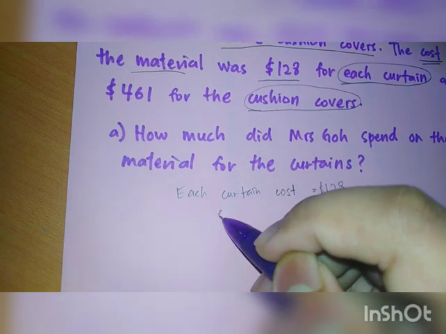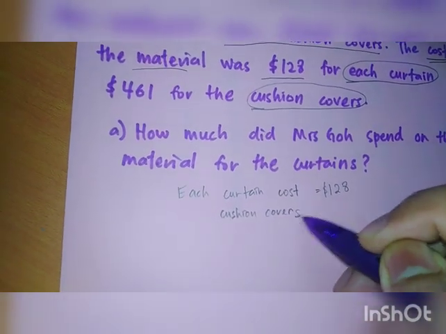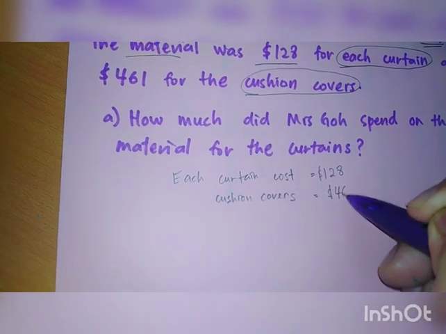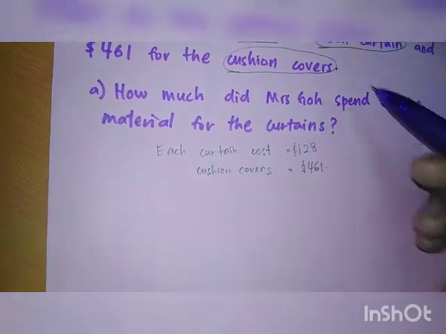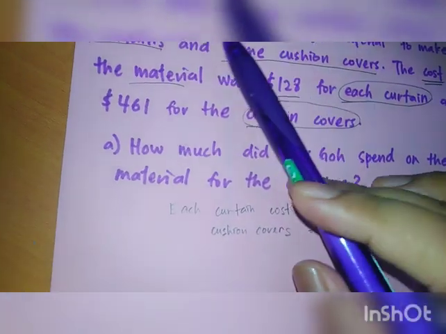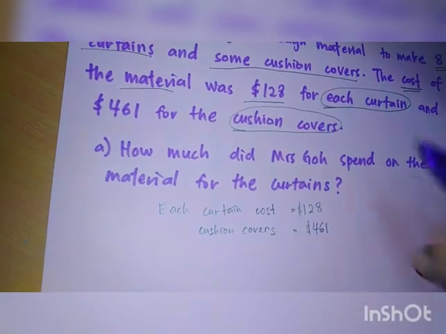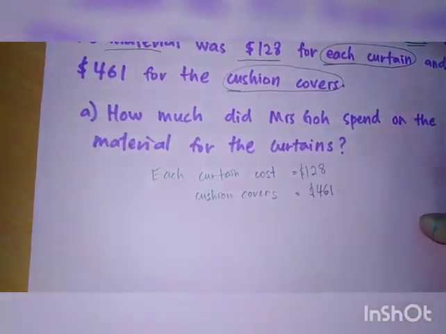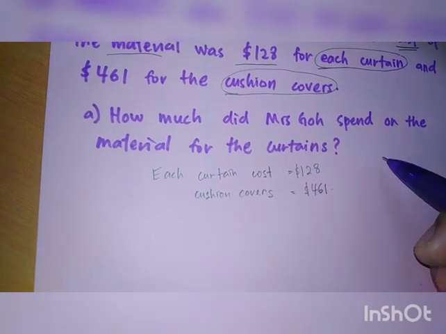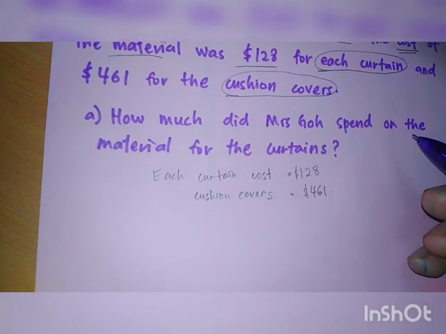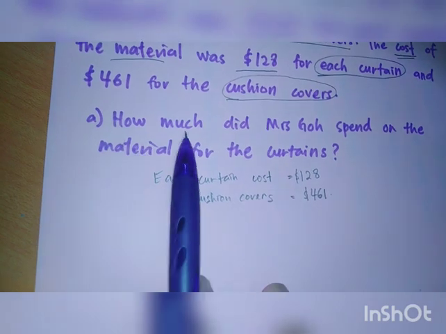And cushion cover cost $461. So these are the two pieces of information given, and one more: Mrs. Go bought enough material to make 8 curtains. So each curtain costs this, and in the sentence here, it means that she made 8 curtains, right?